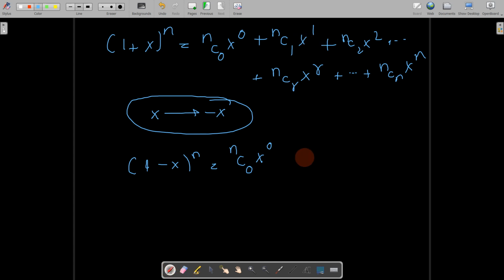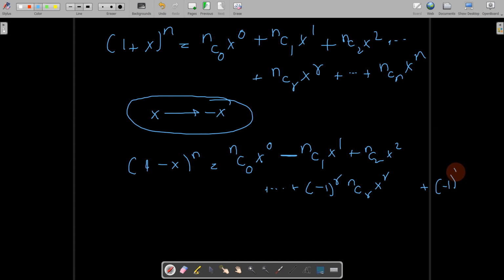So this would be minus n choose 1 x power 1 plus n choose 2 x power 2 plus so on. The general rth term would become minus 1 power r n choose r x power r plus, based on the power of n, whether it is odd or even, we will get minus 1 power n, n choose n x to the power n, correct?